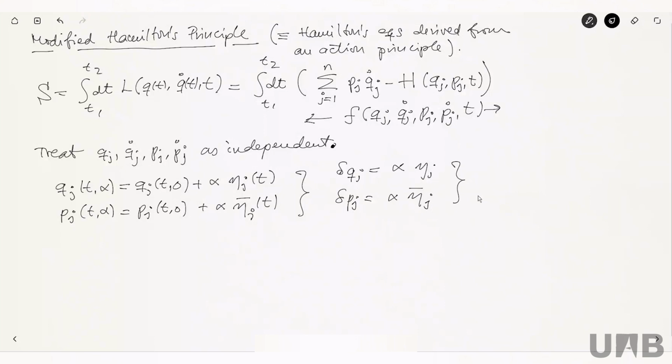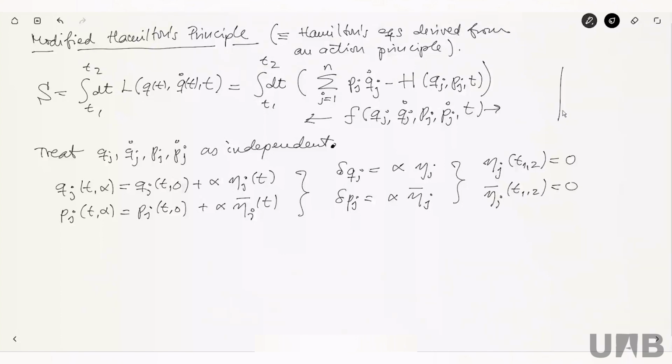And there have to be boundary conditions, and the boundary conditions will be the same as the ones that we took when we were dealing only with the q's, right? So eta j of t1 or t2 is going to be 0, and eta j bar of t1 or t2 is also going to be 0.